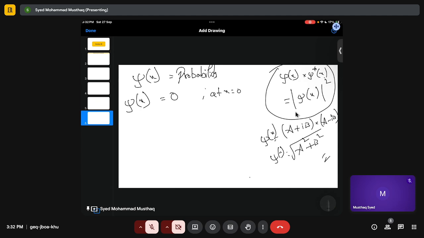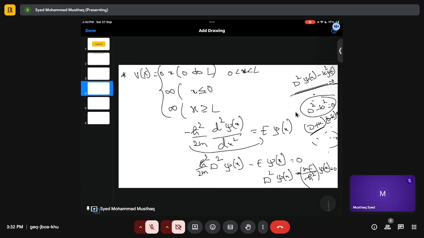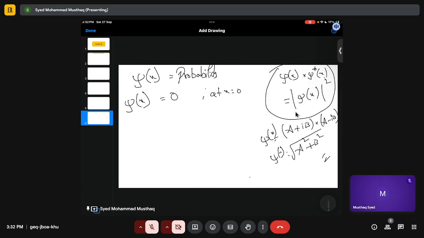0 is 0. Why? Because my potential energy is infinite. If my potential energy is infinite, I cannot find my electron there because it is not allowed. See, if you want to go into a potential energy well of infinite height, then you must have infinite energy, right? And we all know electrons cannot have energy of infinite value, right?